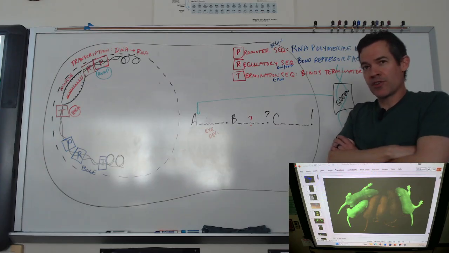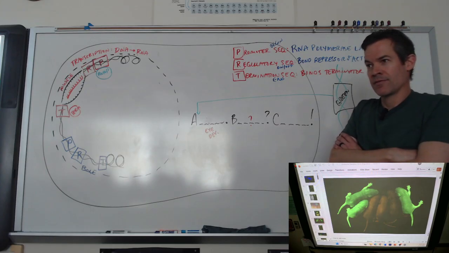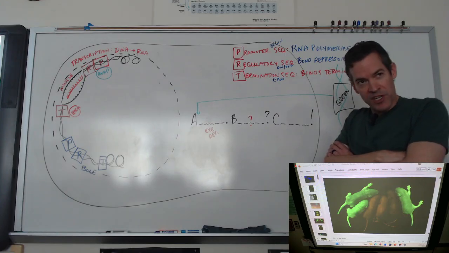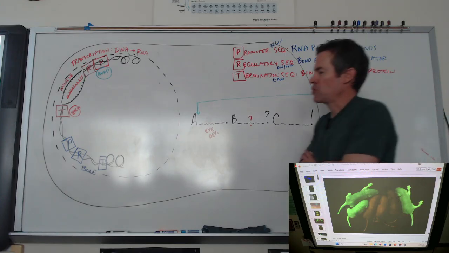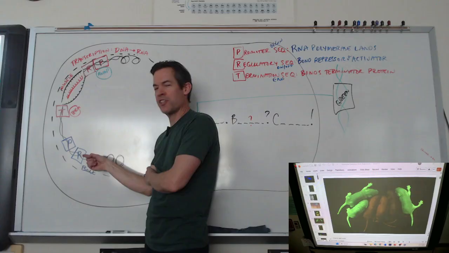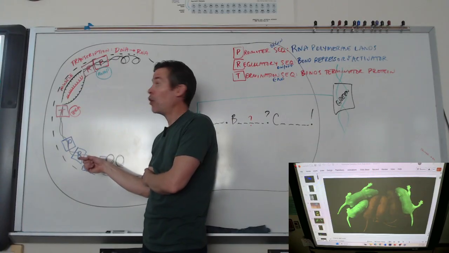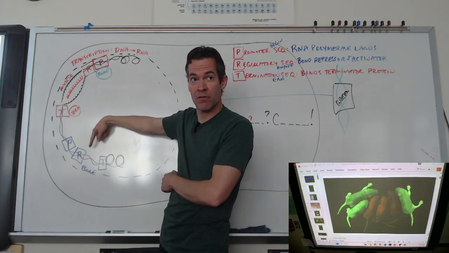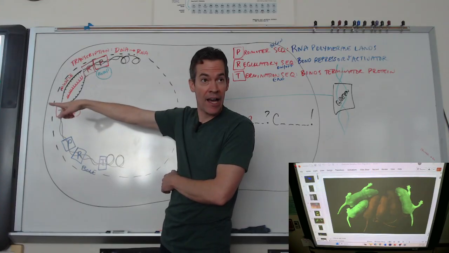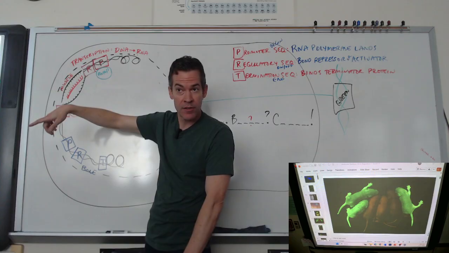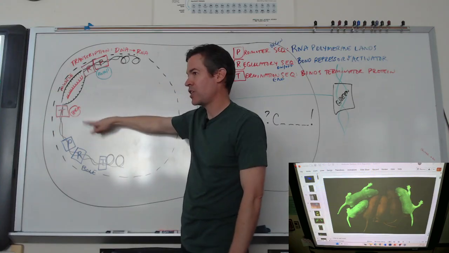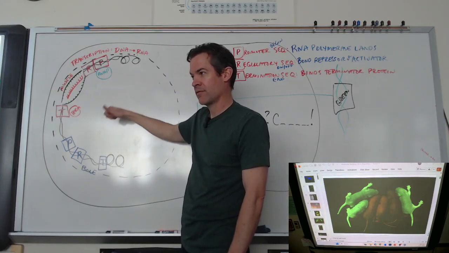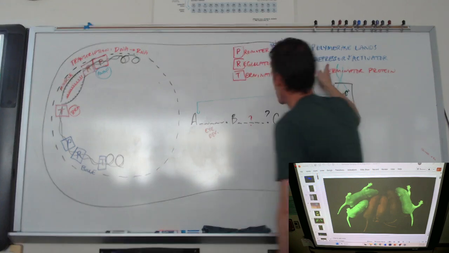Where's the on-off switch? The regulatory sequence. Does it look like there's anything stuck to the regulatory sequence right now? No. So if that's the case, I'm going to read this gene and I'm going to read this gene. That's what's wrong with that guy that had the bone growing in his thighs. So what do I need to do to turn this gene off? Yeah, I'm going to need one of these repressors.